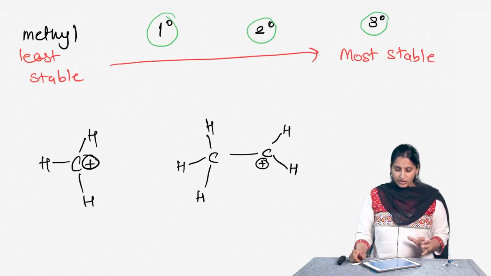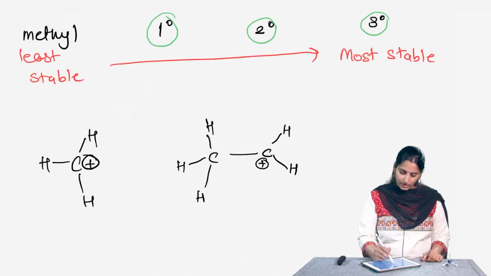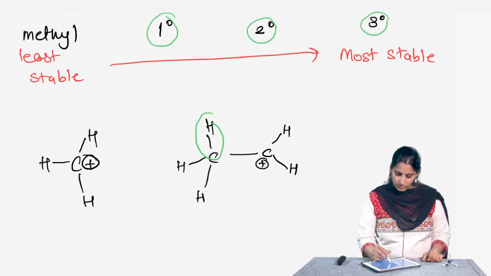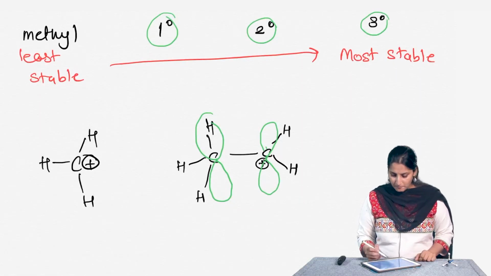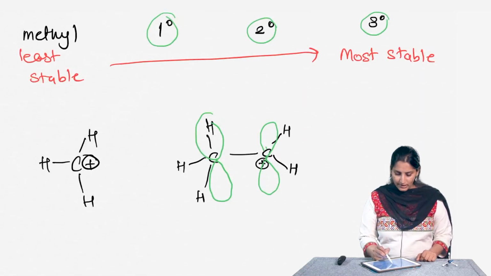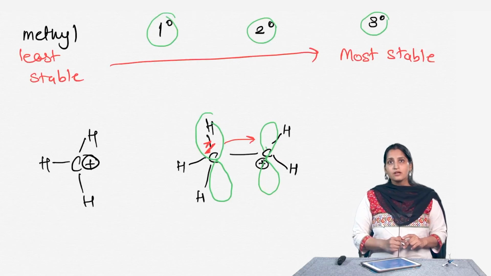If you think about it, the adjacent carbon hydrogen bonds for the ethyl carbocation, okay. So, this orbital here, whereas you have the empty p orbital here on this carbon, that is the carbocation. What happens is the bond electrons of this CH bond get polarized towards this positively charged carbon, okay.